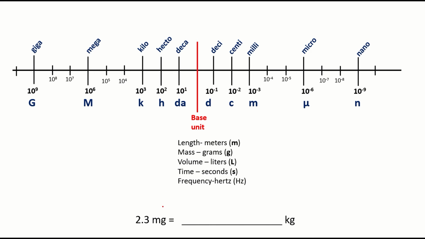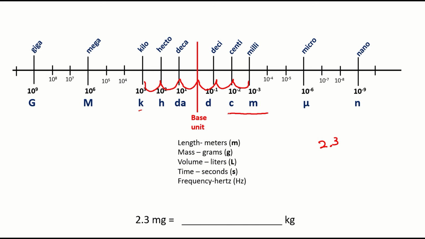Right. Another example. Now we are doing milligrams. M is the prefix milli. We are converting it into kilograms. Find where your milli is. It's over here. Number is 2.3 and we have to convert it into kilo, and kilo is over here. Let's make the move. 1, 2, 3, 4, 5, 6.